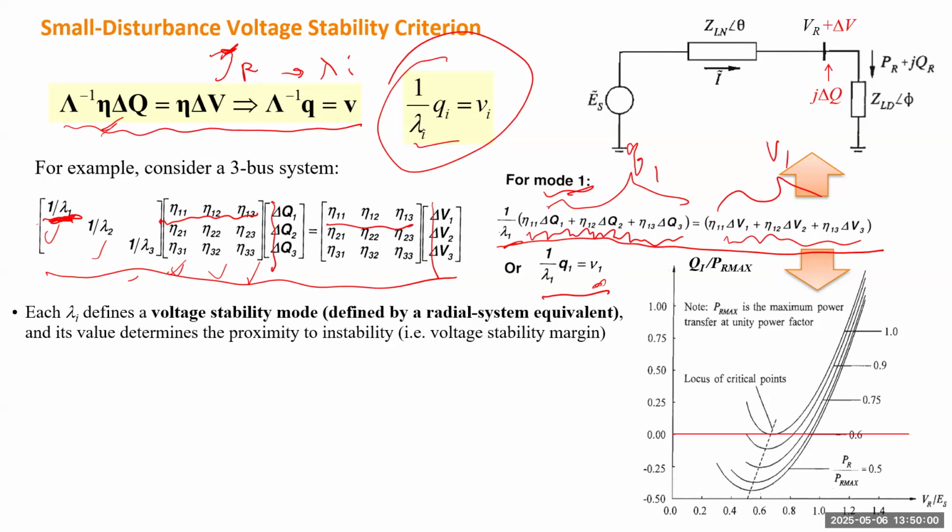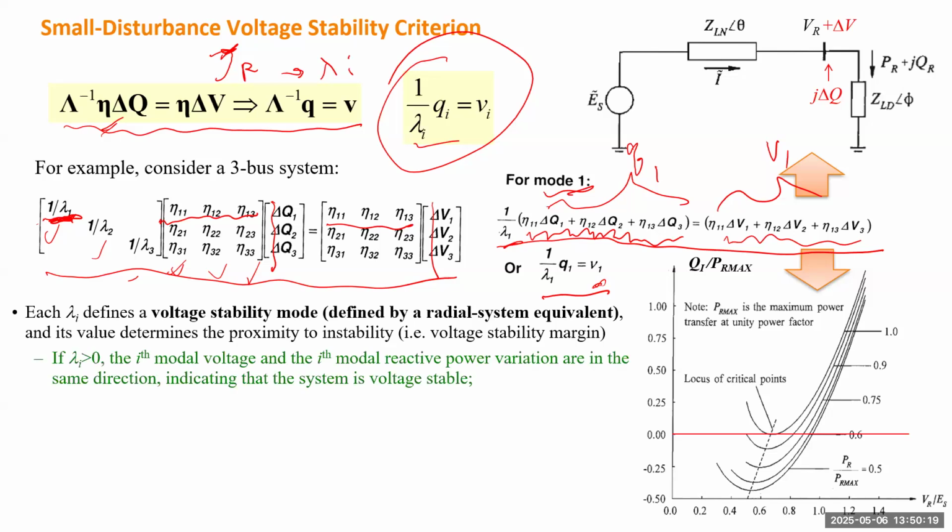This lambda determines how close the condition is to voltage instability. It basically tells you the stability margin. If this lambda is positive, you have a positive stability margin. If it's negative, you have already passed the limit and the system becomes unstable. If 0, it's right on the limit.